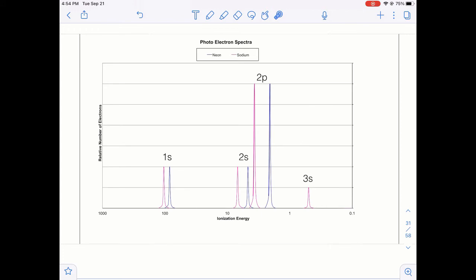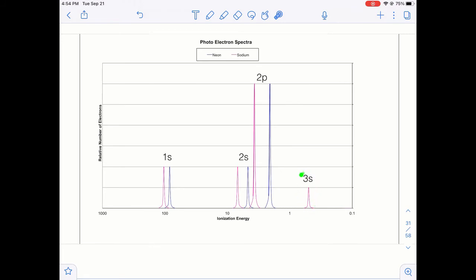With those first energy levels being relatively similar in their distance, the increased number of protons is going to increase that attraction. We see the same thing happening with the 2s and the 2p. Sodium, in both instances, is going to have the higher ionization energy for the 2s and 2p electrons because it simply has more protons than neon does.